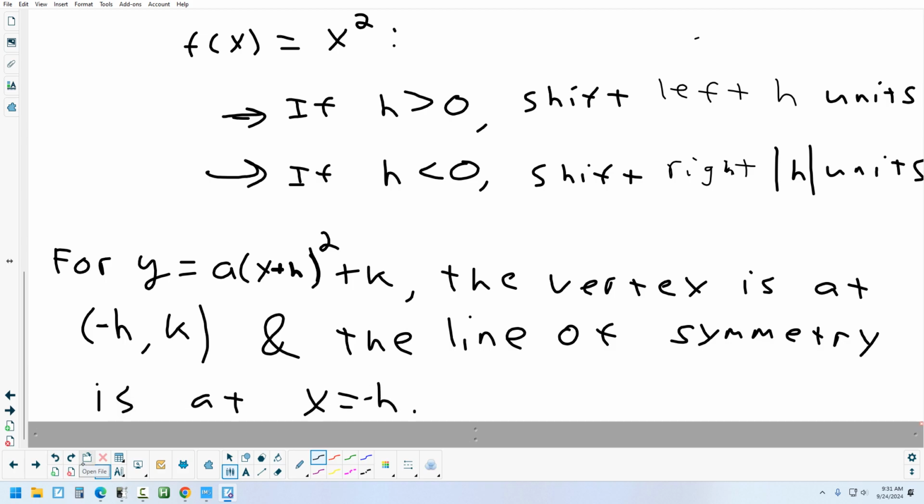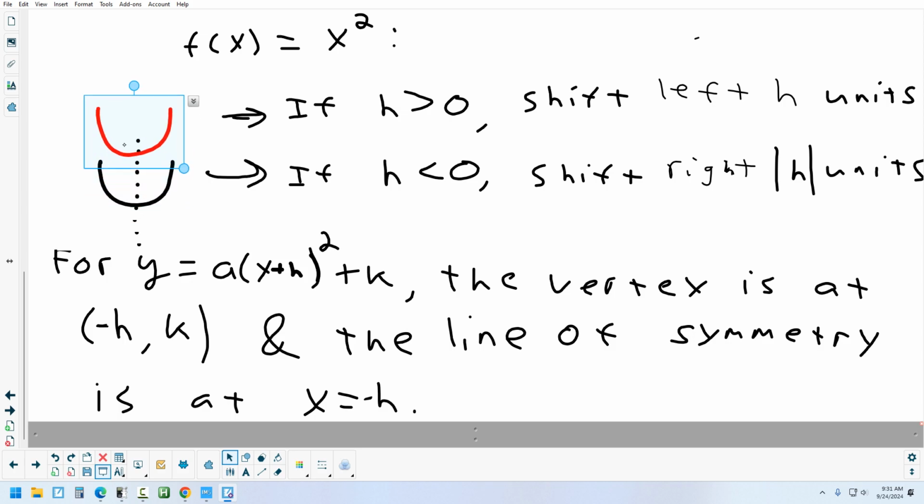The line of symmetry is also going to move. Here's your parabola. There's your line of symmetry. If I take that parabola and let's say I shifted it up, does shifting it up change the line of symmetry? No. How about shifting it down?